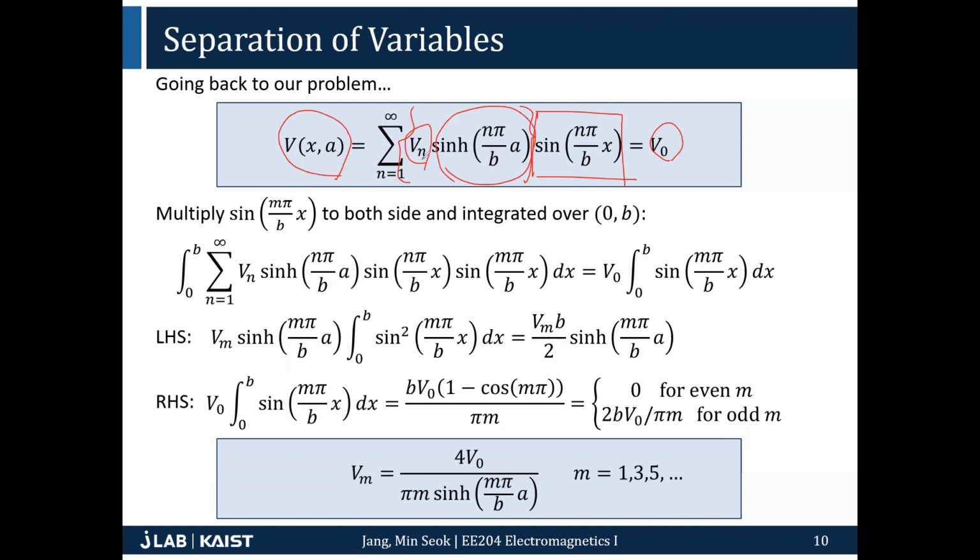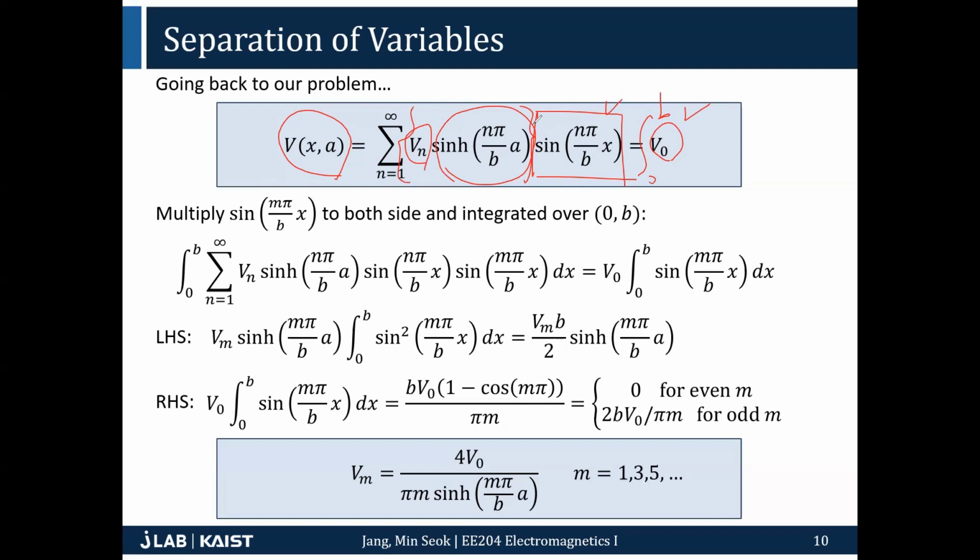So how do we determine vn? We can take the inner product. How to take the inner product? Multiply sine m pi over b x on both sides, and then take integration from 0 to b, right? And because these sine functions form an orthogonal basis, things are pretty simple.